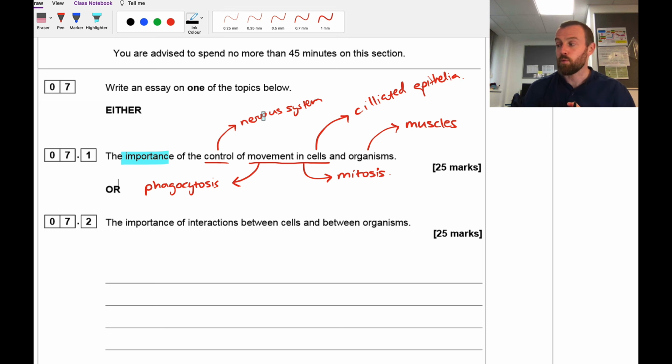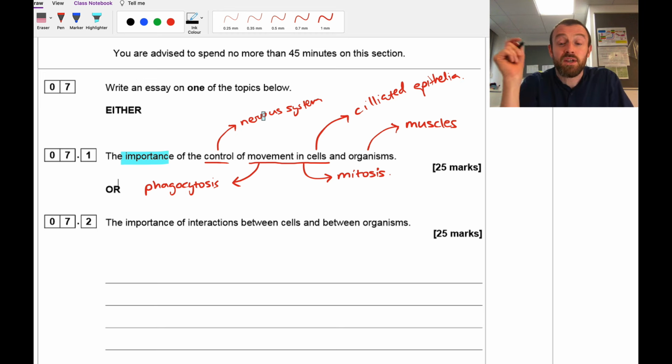Muscle contraction: the importance of being able to control your limbs through antagonistic muscle pairs, being able to contract one muscle whilst allowing another to relax, to allow the coordination of the body to generate the appropriate response. You could link this to maybe taxis and kinesis responses and stuff like that. Ciliated epithelial cells: the importance of removing pathogens from the lungs, removing dust from the lungs, providing a clean gas exchange surface that is not damaged to provide enough oxygen for respiration, and so on and so on.